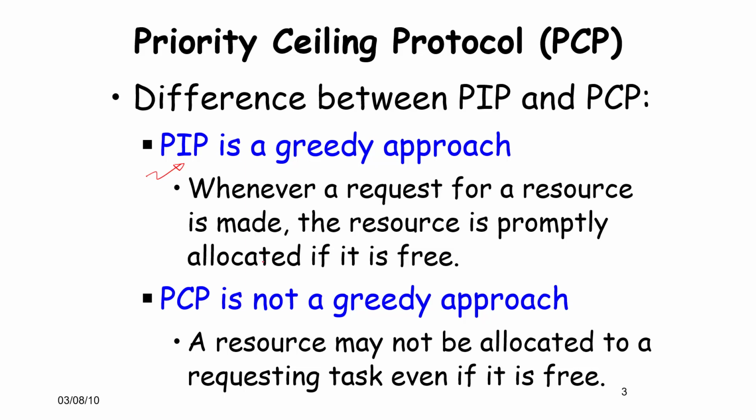But in this case, this is not a greedy approach. Here some degree of delay or deferral is there, where we can purposefully delay a request and not give it the resource. We will see this gives us some good properties. This will actually help us prove many things, and in practice, it's not that bad.